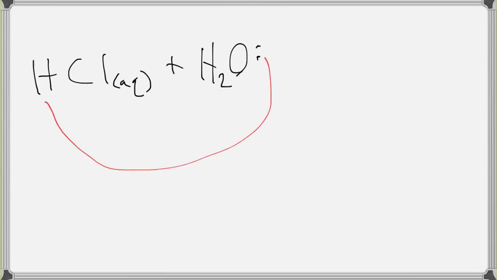That lone pair picks up the proton, so it is donating electrons to HCl, and HCl is accepting electrons. So we would say that this is my electron acceptor and this is my electron donor.